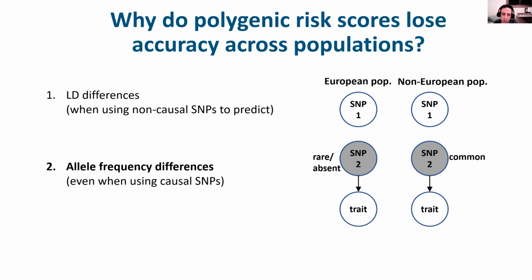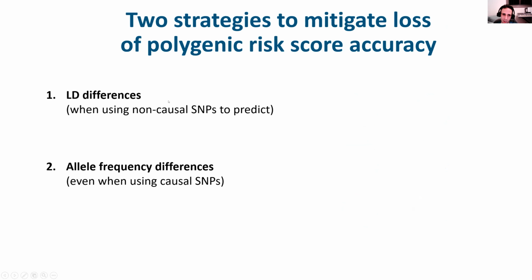All right, so these are the two main causes of this loss of accuracy in cross-population PRS. These are not the only ones, but I think it mostly boils down to these two. And this realization already suggests a way how to fix that. So let's discuss how to fix this by addressing each of these causes.